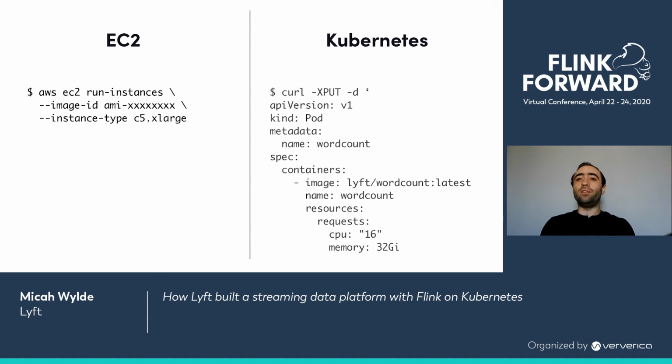In Kubernetes, this looks pretty different. Instead of actually talking to an API and saying what we want, all we do is we create this configuration and we push it to the API server. When this returns, all that we get back is a success saying that we successfully pushed this configuration, but nothing's actually happened yet. All that's happened is we've updated our database.